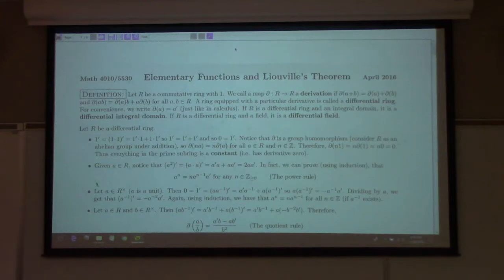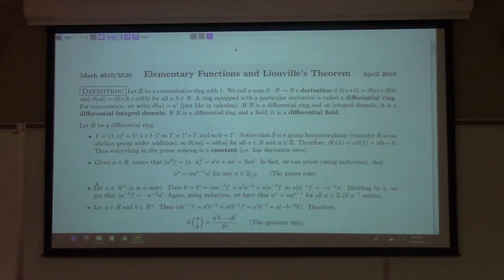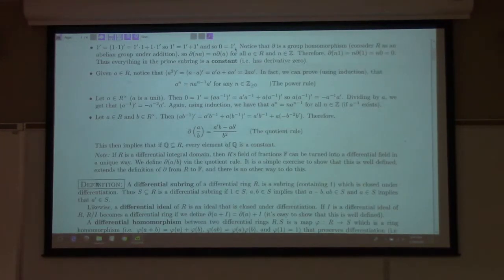So you're starting to see that essentially a differential ring is one in which you can formally do calculus, right? And you can say more about a differential integral domain. If R is a differential integral domain, then R's field of fractions can be turned into a differential field in a unique way. You can define this by the quotient rule, and it's going to be consistent with everything else that we've built definition-wise.